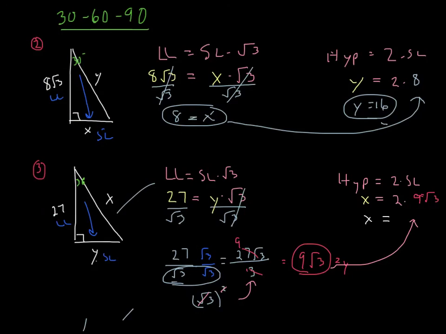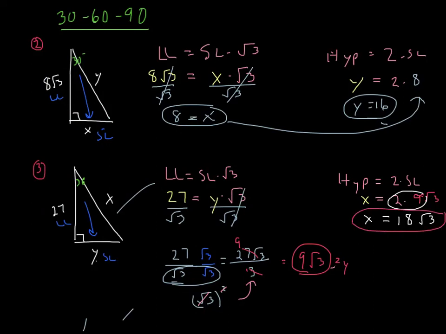So in this case, instead of multiplying the insides of radicals, I'm going to be multiplying this 2 and the 9. And that's going to give me 18 out front times radical 3. I don't have anything else inside a radical to multiply by the radical 3. So my final answer here then ends up being 18 radical 3 for my x.